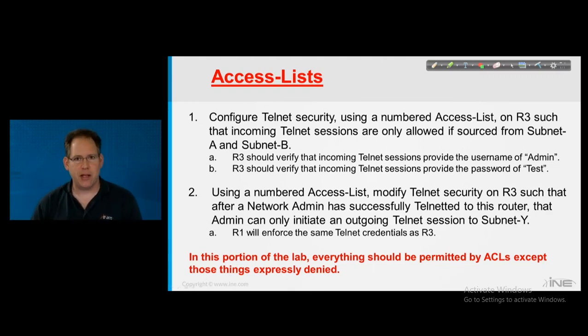But when you're using the access-class command, you have to use a standard access list. Access-class won't even really work with extended access lists. I believe if you use an extended access list with the keyword any in the destination, it will work, but there's really no point to that.